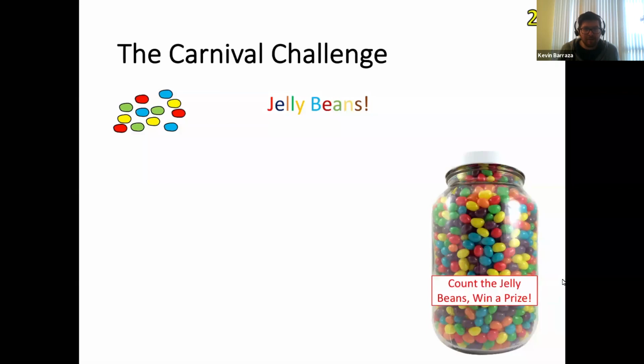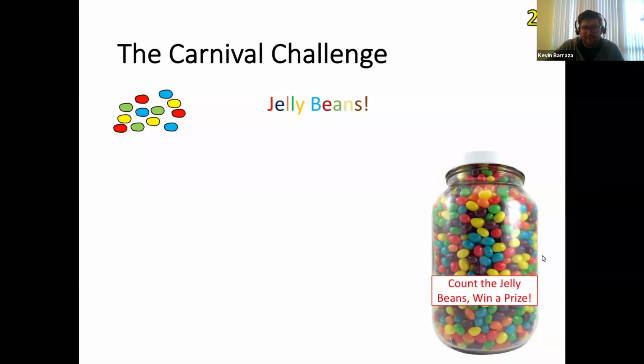I don't know if you've ever played this game before. Usually it's at a carnival or a party where the host asks, how many jelly beans are in this jar? Whoever is closest to the right number gets a prize or something along those lines.